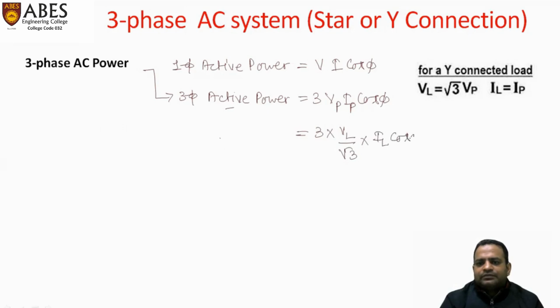In such a way, our active power is root 3 times VL IL cos phi, or in phase terms, thrice of Vp Ip cos phi.